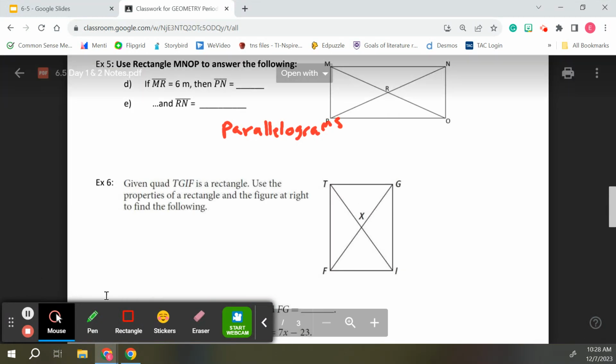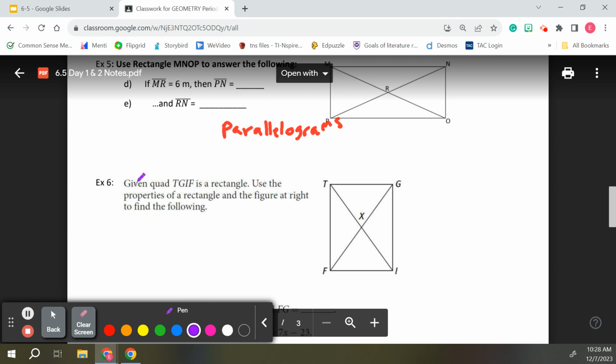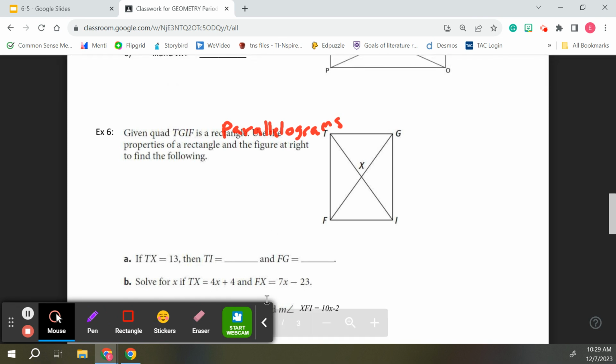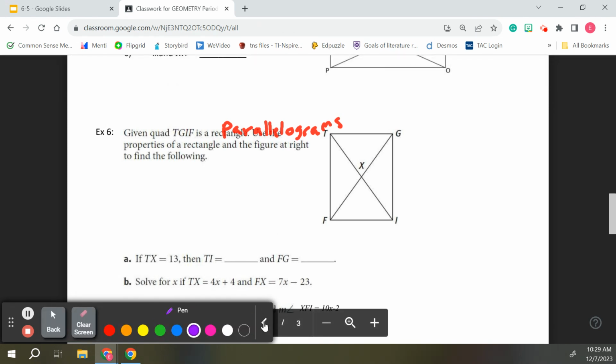All right, given the quadrilateral TGIF is a rectangle, use the properties of a rectangle and the figure at the right to find the following. They're asking us to find this information.